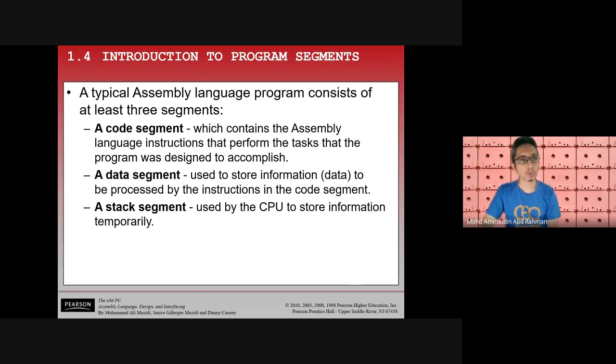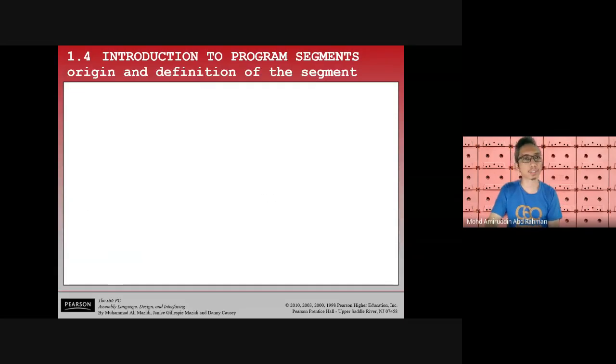So remember that we have the 3 segments: code segment, data segment, and stack segment. Stack is to store the information temporarily, data to store the information, code is to perform the task. So that's the 3 functions of those 3 segments.